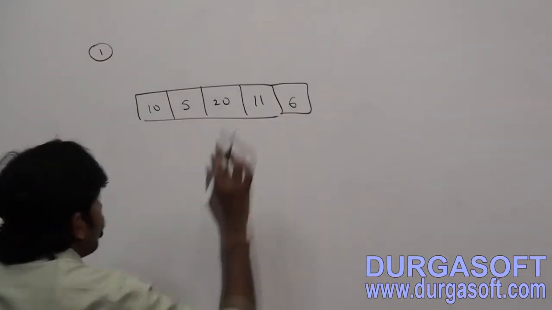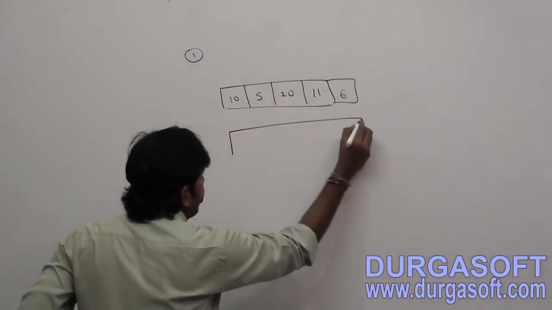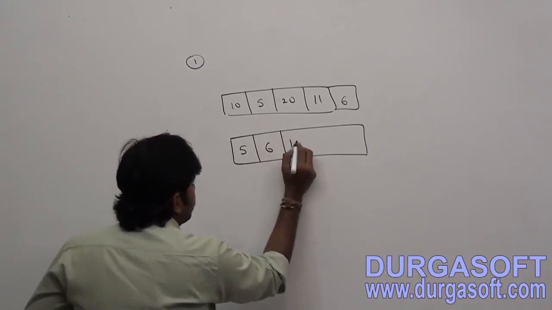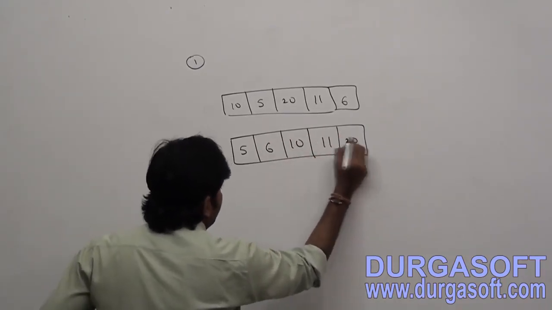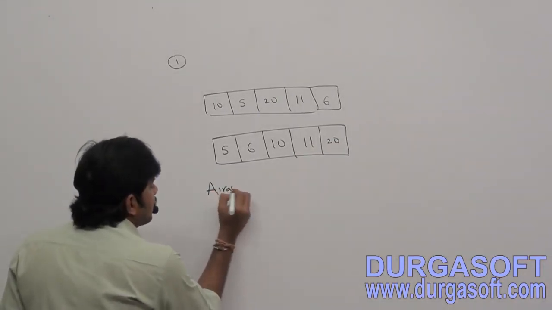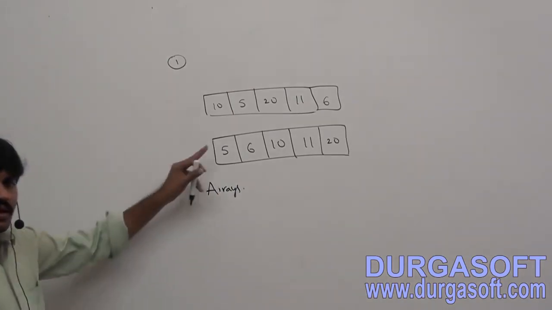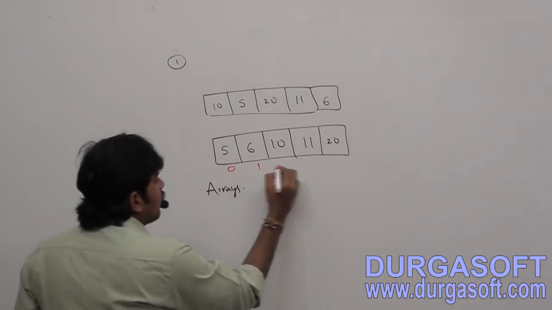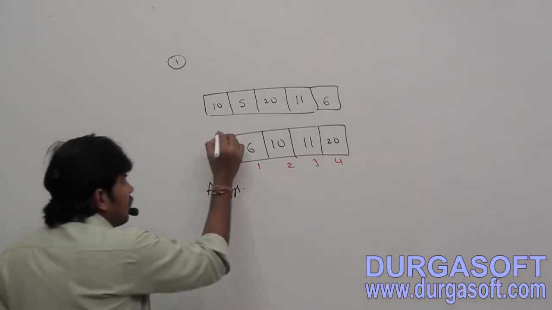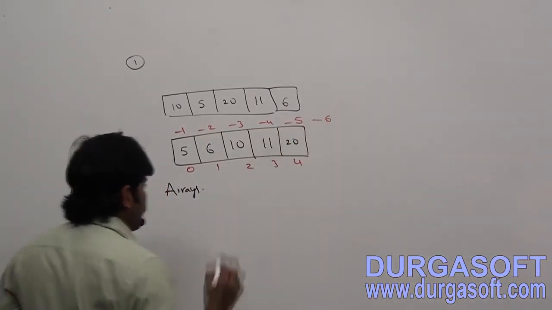After sorting, this array will become 5, 6, 10, 11, 20, right? Okay. Here what is the insertion point? What is the index? You have indexes 0, 1, 2, 3, 4. What about insertion points? -1, -2, -3, -4, -5, -6.